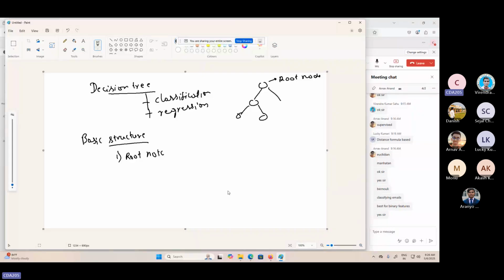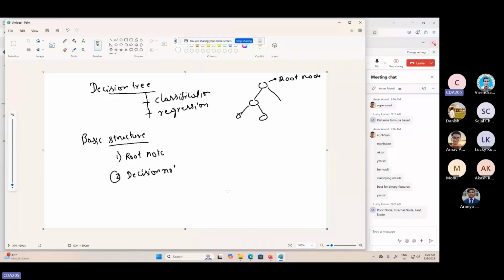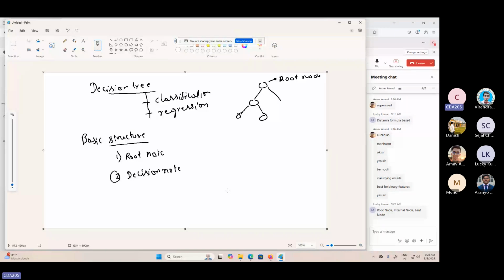Then another one is the decision node, also known as internal node. So what is the internal node?